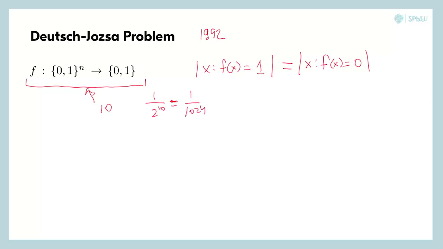But if we need 100% certainty, then a constant in a black box becomes a nightmare, because we have to check this number of inputs to be sure that this function is constant.